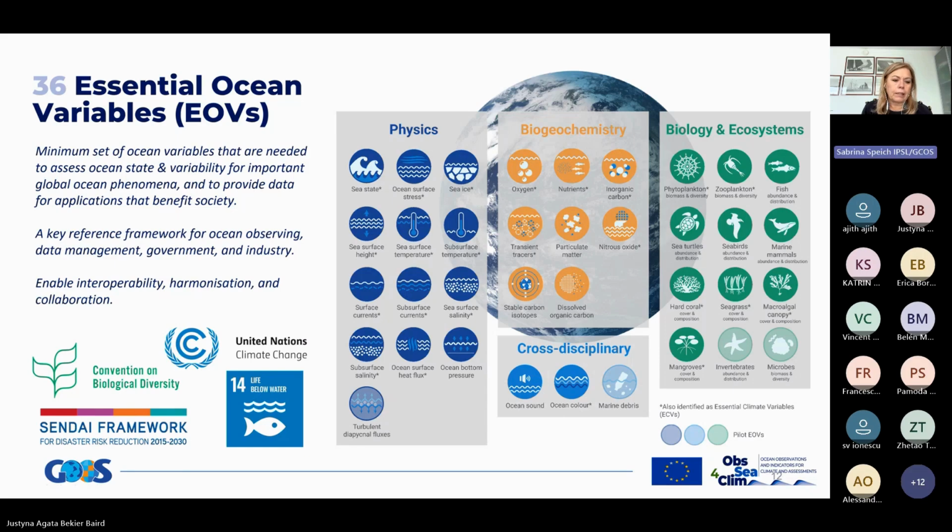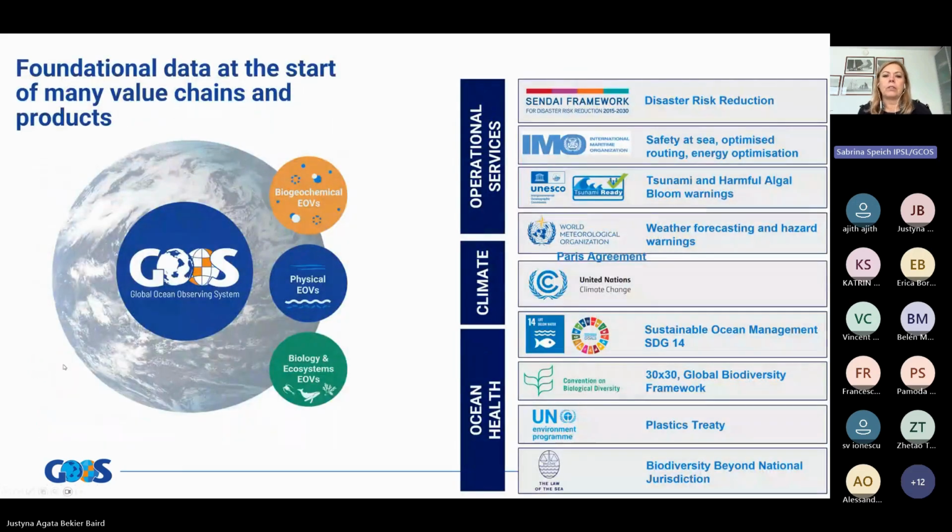So if we go to the next slide, we see how these foundational data that are coordinated by WIGOS are the start of many value chains and products. So we have different observational services.